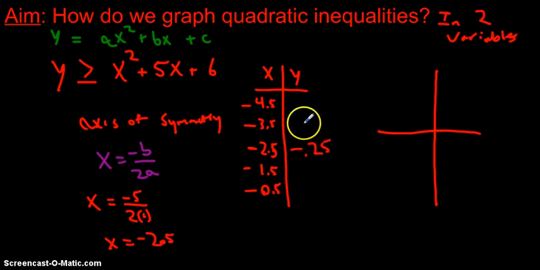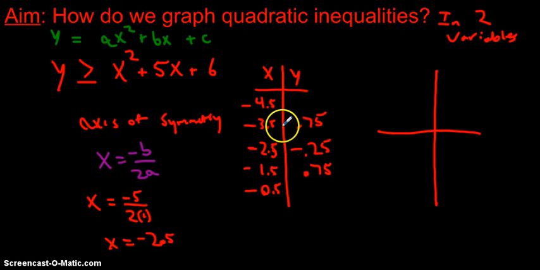Now I've kind of caught on that when my a value is 1, going up 1 will increase this value by exactly 1. So that will be 0.75 and 0.75. It's symmetrical in both directions.